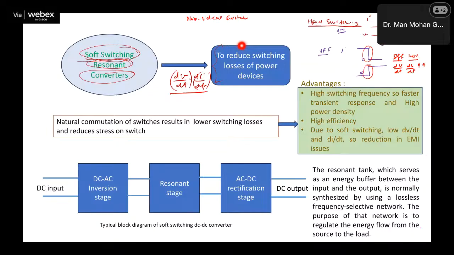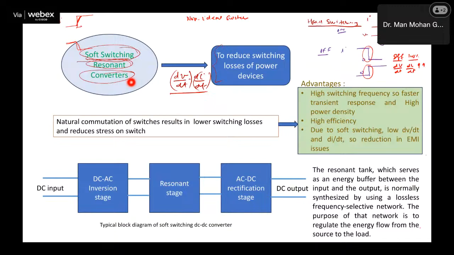What we have seen in case of a non-ideal switch is that the current was increasing and it was taking some time. Similarly, the voltage was decreasing and it was taking certain time.